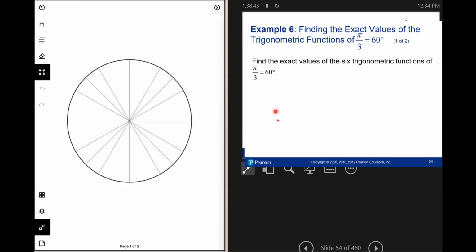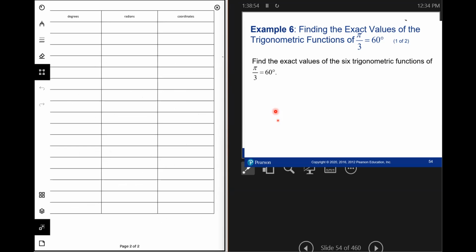I know I put this in the files, and the second page of this has this. And we're going to build up all the degrees and all the radians, and then we're going to write down what those coordinates are for each of those points on the unit circle.